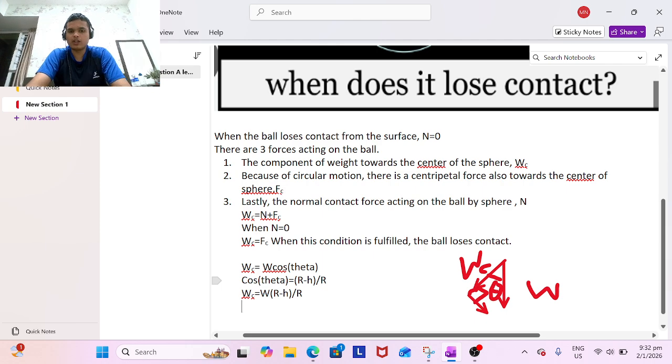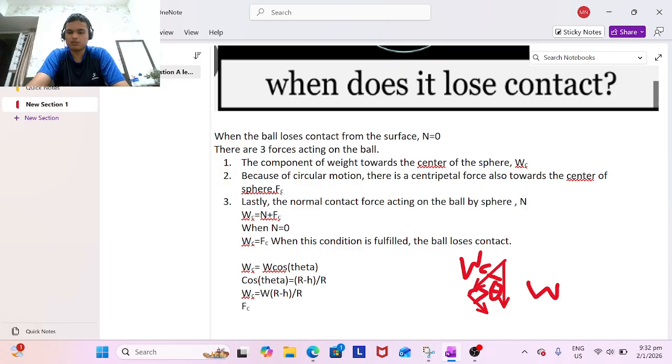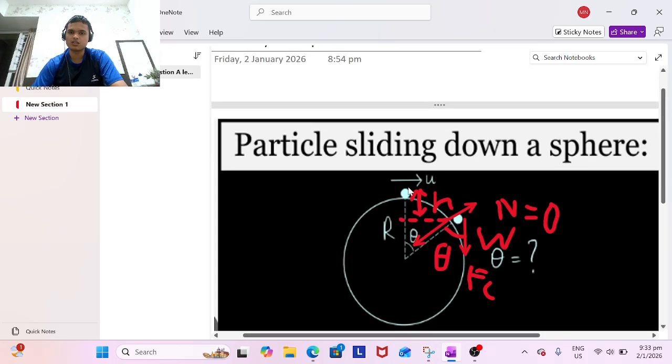Then we need to calculate what the centripetal force is. If you have studied circular motion, you know that the centripetal force is basically mv square by r, where r is the radius of curvature. In this case, this r is just the radius of the sphere.